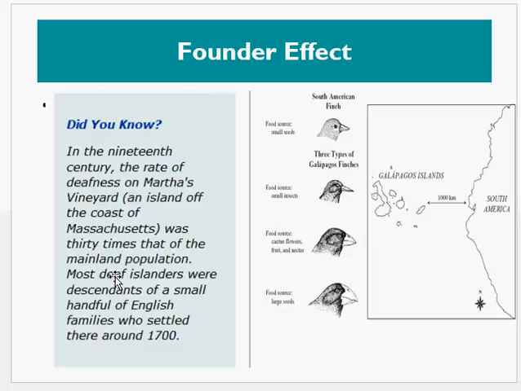So the founder effect there meant that genetic diversity was so low in Martha's Vineyard that deafness, which was the result of a deleterious recessive pair of alleles, was much higher in Martha's Vineyard compared to the mainland.